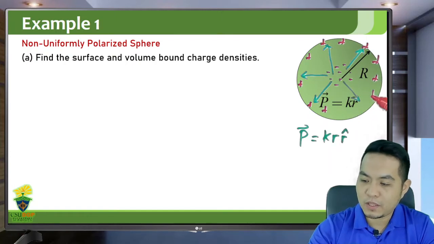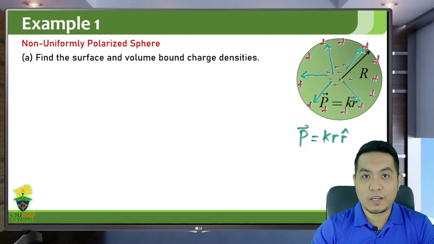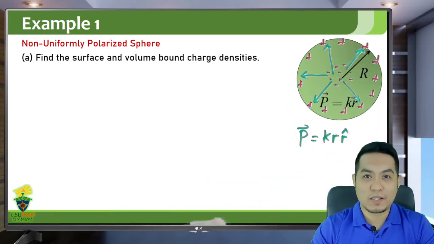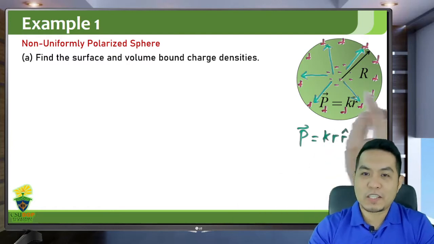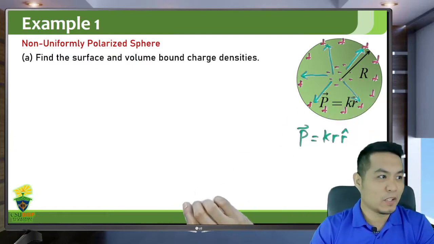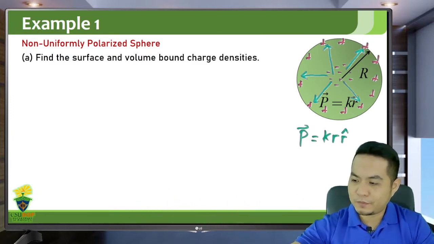So this is what the charge distribution of this polarized sphere looks like. By the way, these are bound charges, so these charges cannot move. They are bound in the surface. They are bound within the volume. Okay. So for letter A, find the surface and volume bound charge densities.